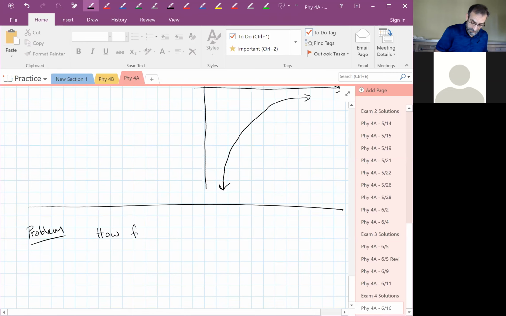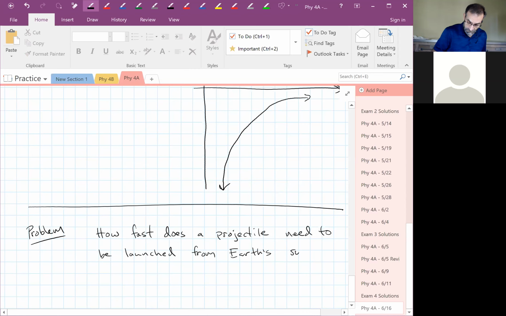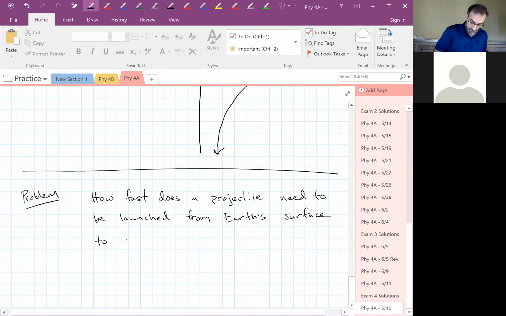How fast does a projectile need to be launched from the Earth's surface to reach a maximum height of 1 Earth radius? And we are going to ignore air resistance.